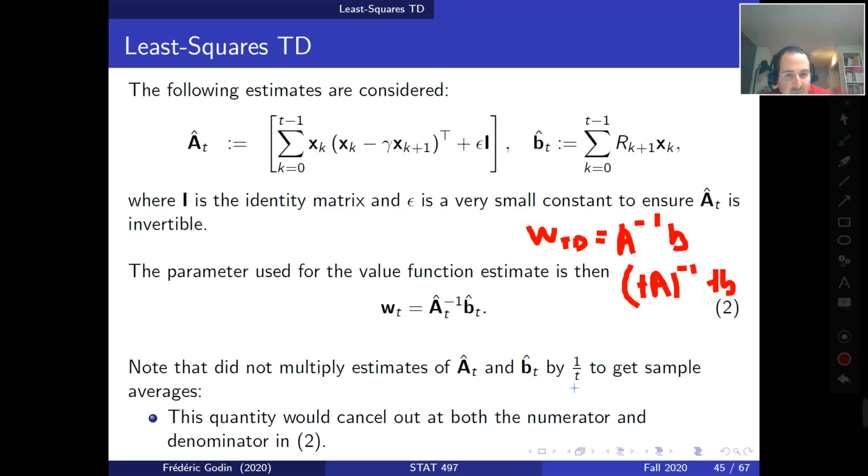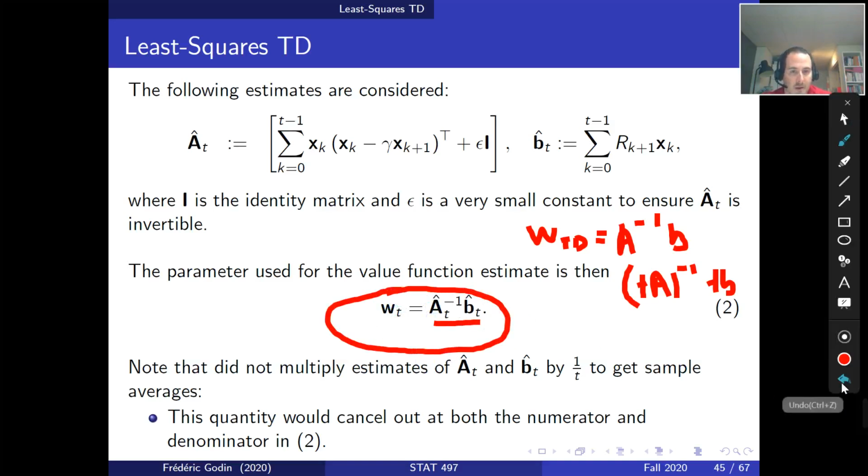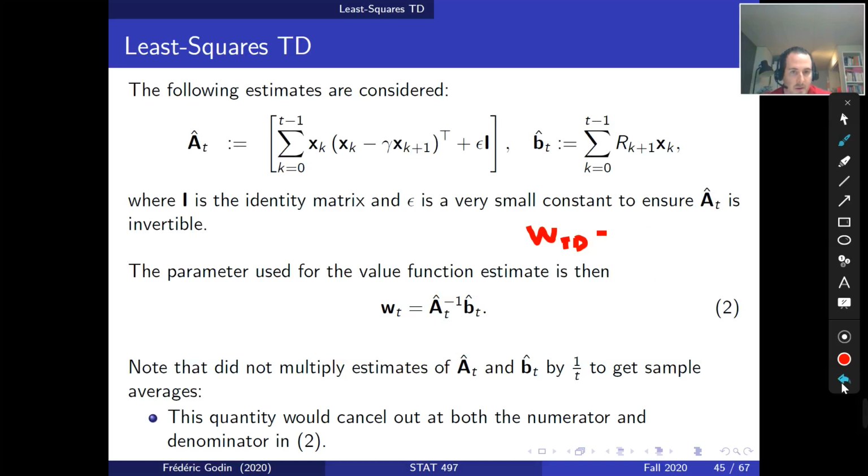And as mentioned, here we don't divide by 1 over t because they would cancel out, so we don't need to put them there. This approach where we estimate our parameters through this expression is known as the least squares TD method.